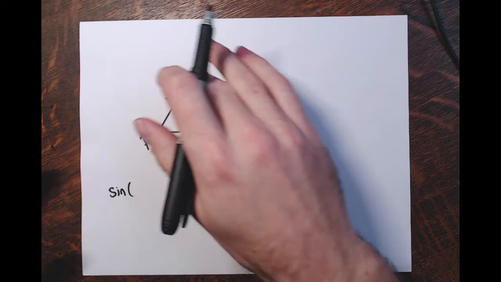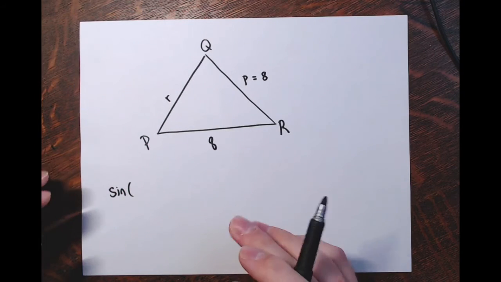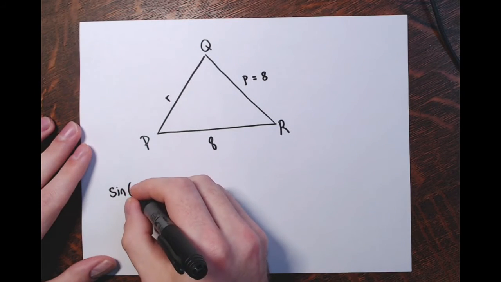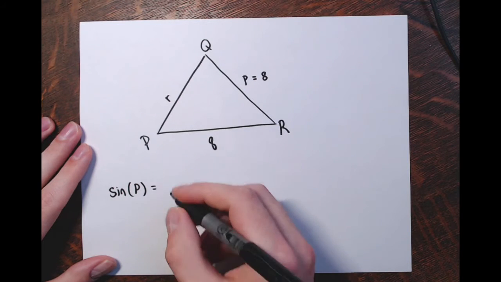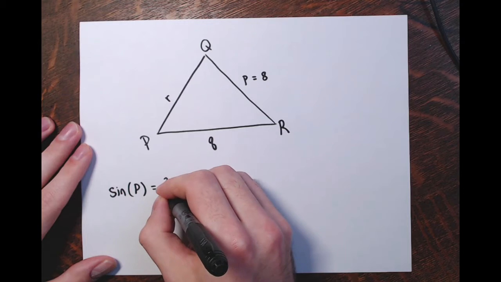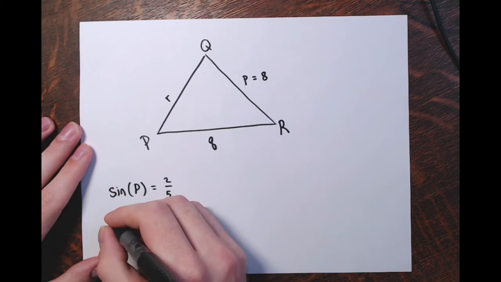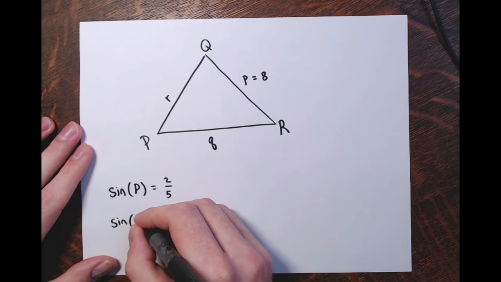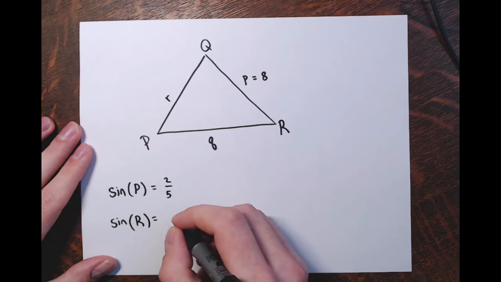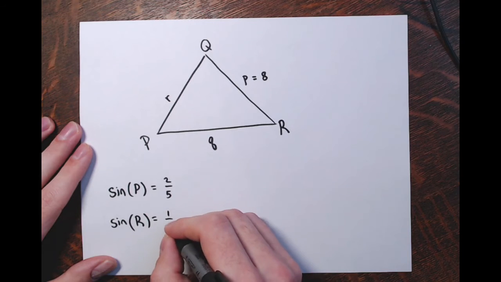But every angle still has a sine. They're telling us the sine of angle P is 2/5, and the sine of angle R is 1/2.